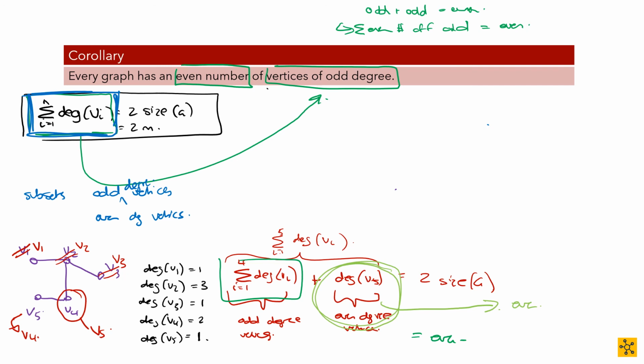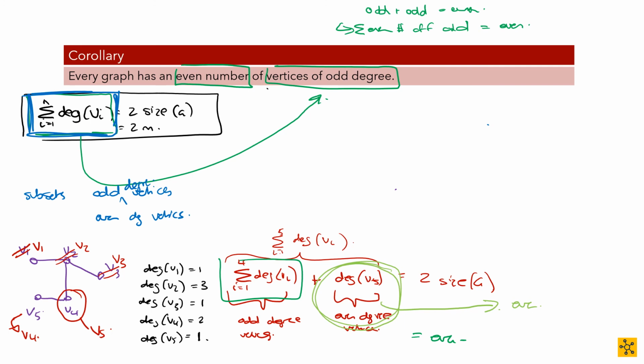If we can show that the summation of the odd degree vertices is equal to an even number, then we have shown that there is an even number of odd degree vertices. You may want to slow that down and re-listen to it, because I understand it is a lot of even and odd terminology, language.